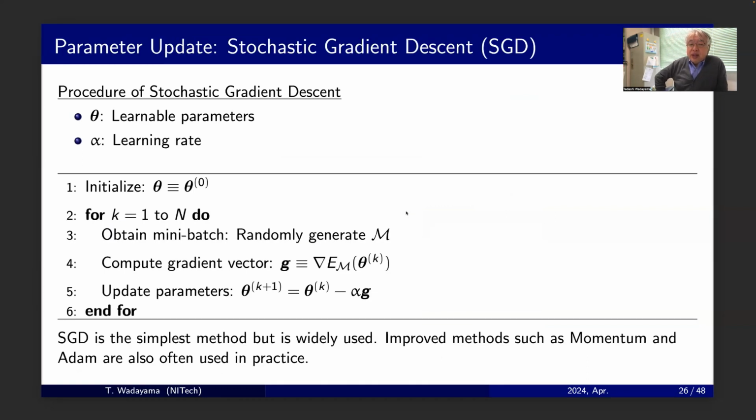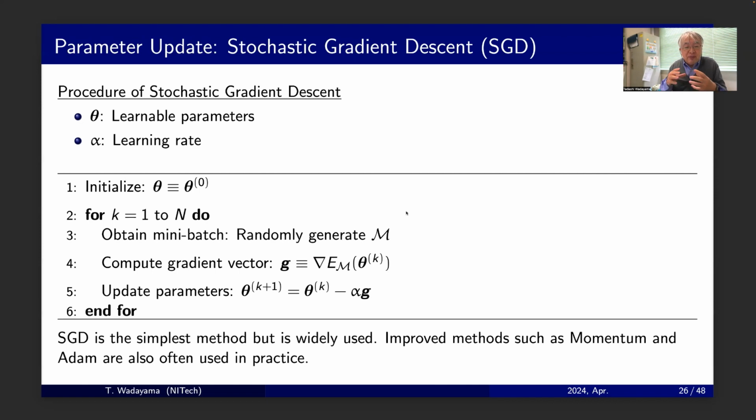This slide shows the details of the update of parameters. We here explain the simplest case, that is SGD, the stochastic gradient descent method. SGD is an iterative algorithm with n iterations. For each iteration, a mini-batch is first generated, and then the gradient vector is calculated. Finally, the trainable parameters are updated using the gradient information.